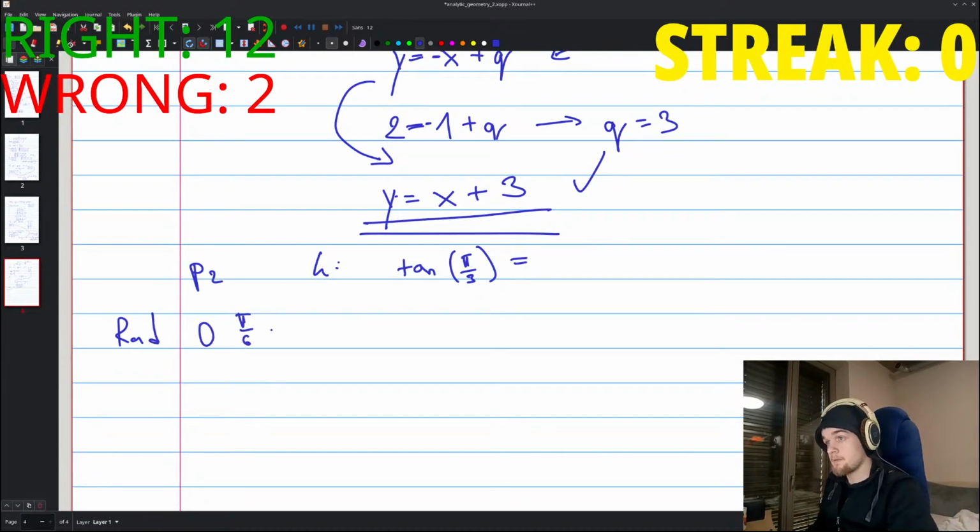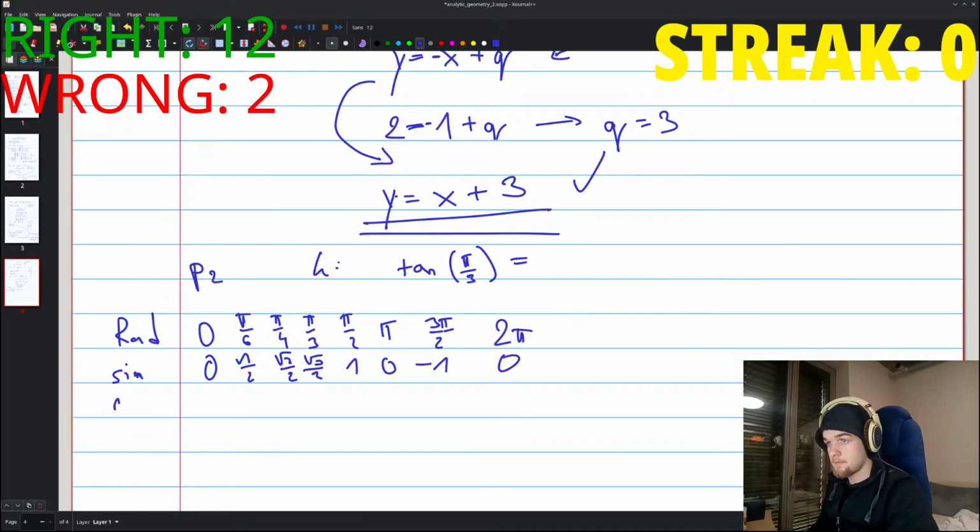So we have 0, pi over 6, pi over 4, pi over 3, pi over 2, pi, 3 halves of pi, and finally 2 pi. We have sine function 0, 1 half, square root of 2 over 2, square root of 3 over 2, 1, 0, minus 1, 0. We have cosine 0, square root of 3 over 2, square root of 2 over 2, 1 half, 0, minus 1, 0, 1.